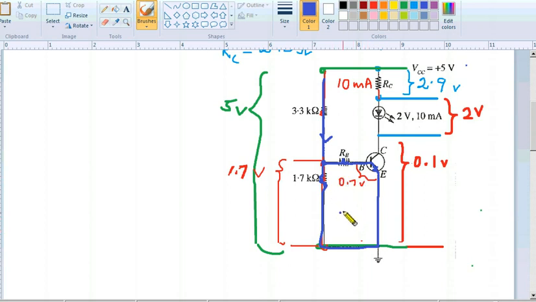So these two branches are parallel to each other, because the current separates from this junction along these two branches and meets each other at this junction.